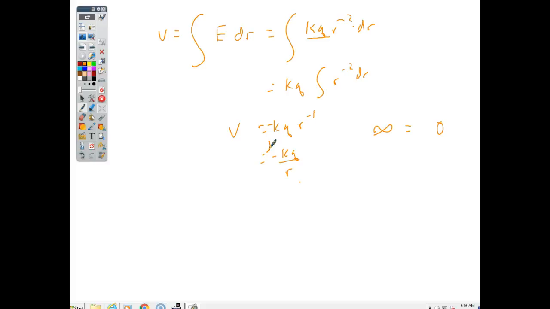Does that make sense? Are you with me? Yep. So if I ask what your potential energy and location is, you're going to say relative to what spot in space? Infinity, where it is 0, right? Well, did you just say like a minute and a half ago that infinity is where the potential energy is placed?